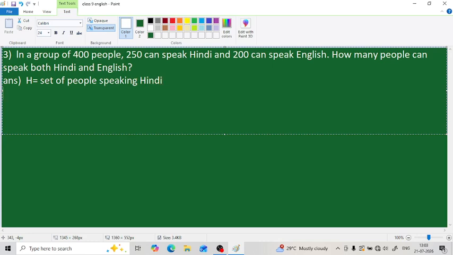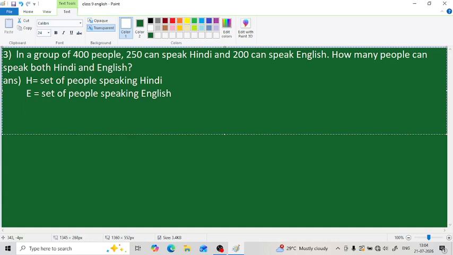And E equals the set of people speaking English. So we defined our two sets. We can solve it with x and y, but it will become a bit confusing. If we give direct letters, it will be easier for us.